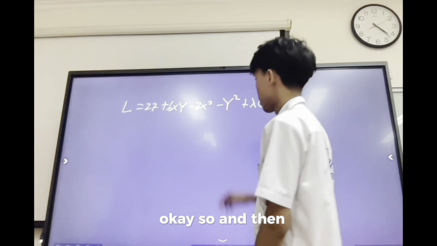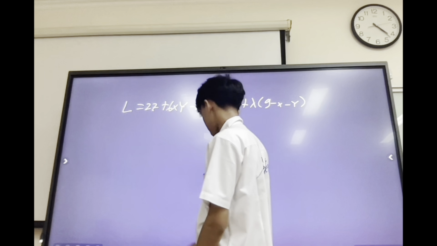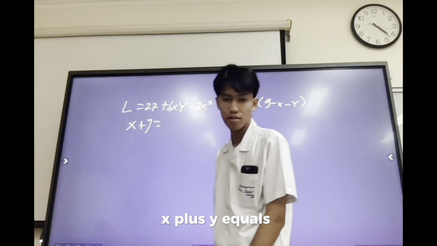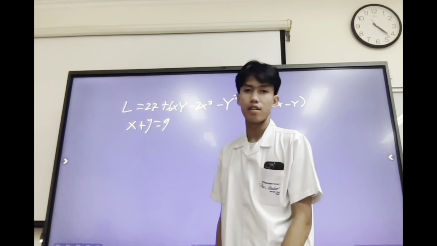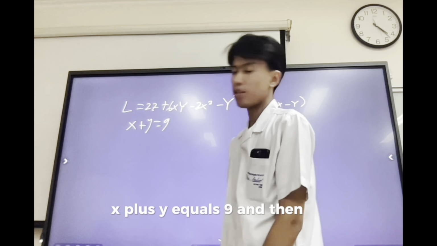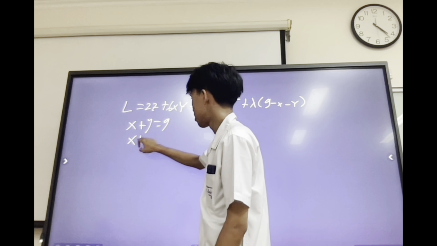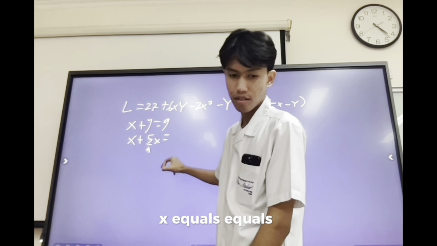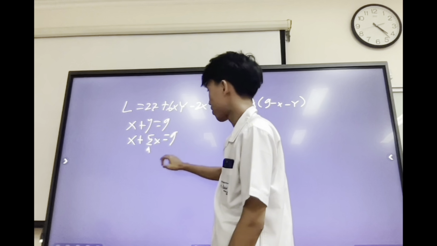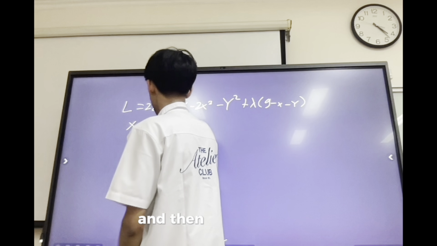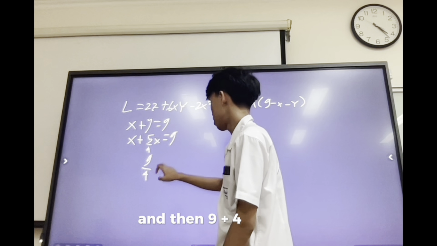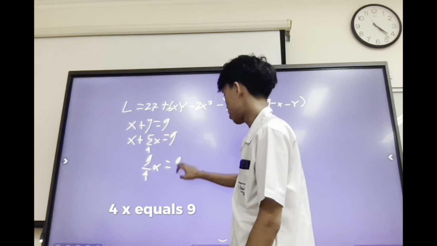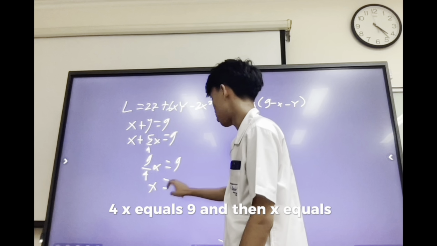Okay, so x plus y equals 9. And then we make it x equals 9. And then 4x equals 9, and then x equals 4.